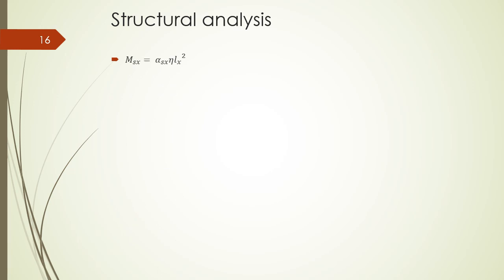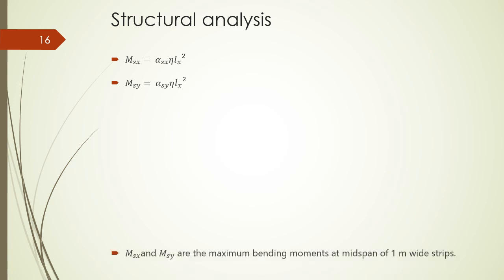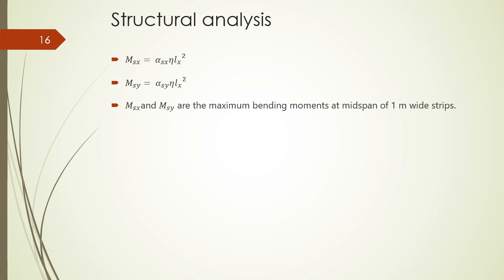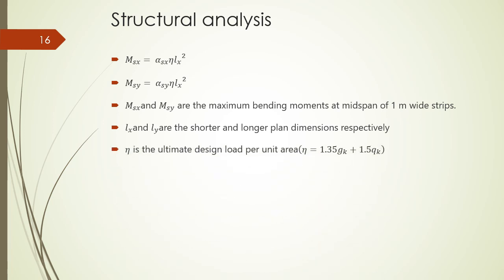MSX is the moment in the major direction or the moment in the shorter direction. MSY is the moment in the minor direction or in the longer direction. MSX and MSY are the maximum bending moments at the midspan of the two-way slab. Lx is the shorter direction, Ly is the longer direction.